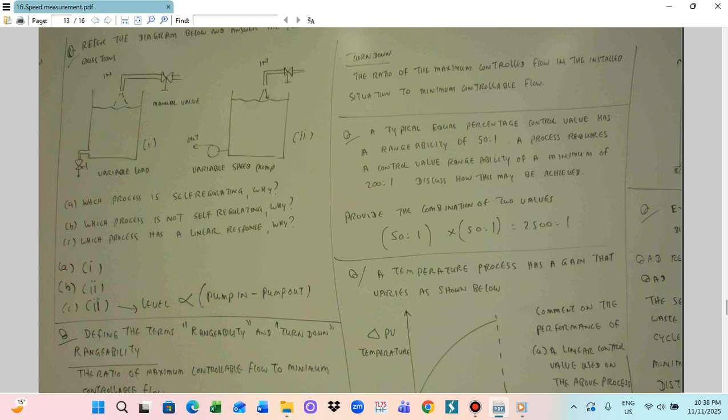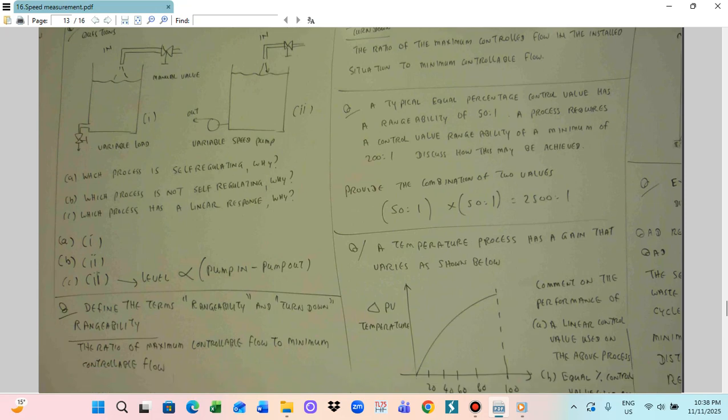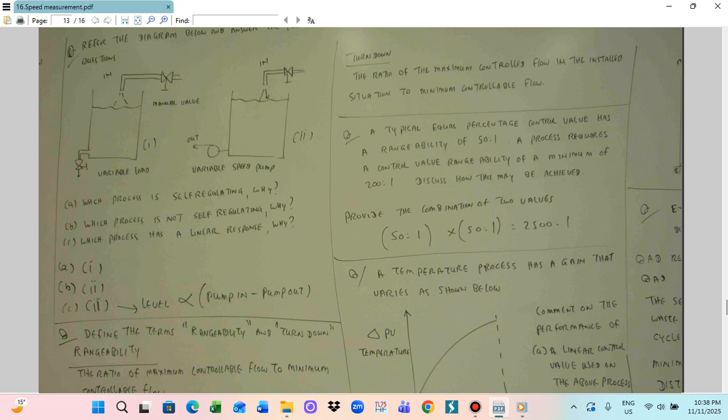Okay, so this is the system. In this case, rangeability means the maximum controllable flow to the minimum controllable flow. The control valve here has a maximum to minimum ratio of only 50 to 1, but the process needs 200 to 1. 200 to 1 means it needs more capacity.